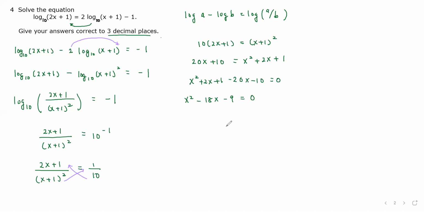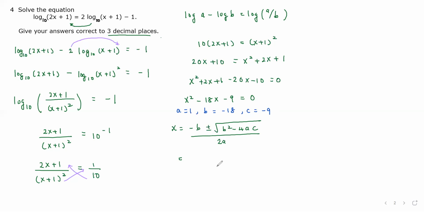What we could do is use the quadratic formula. x is negative b plus or minus the square root of b squared minus 4ac, all over 2a. Let's look at this equation here. a is 1, b is negative 18, and c is negative 9. So we replace the values of a, b, and c in the quadratic formula.